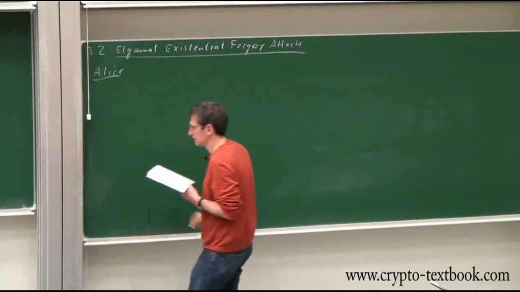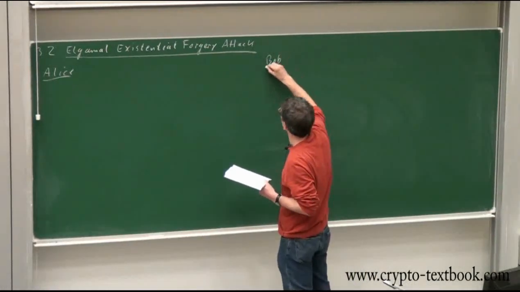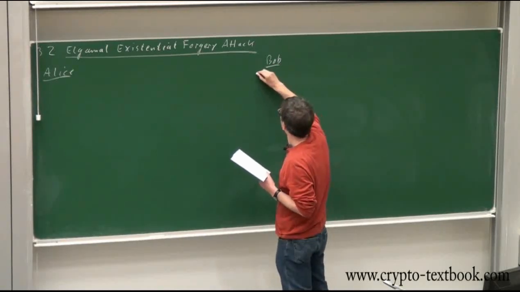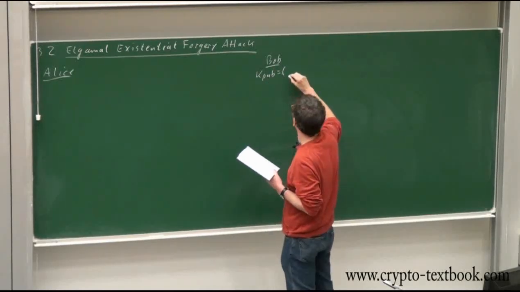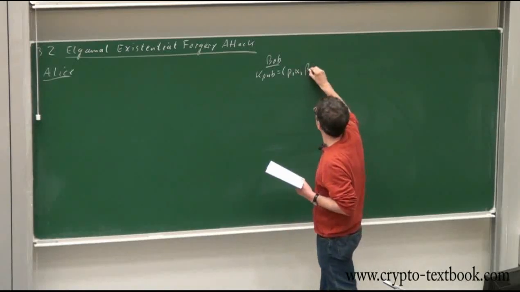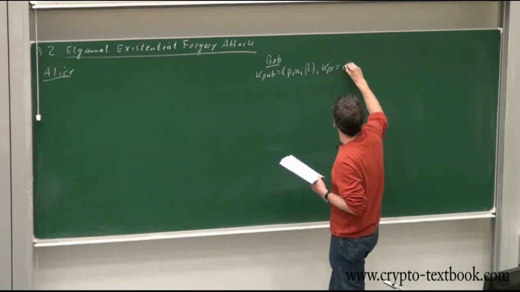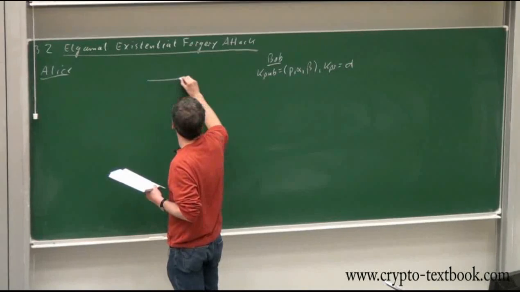So we start with our two personae, Alice and Bob. Bob has K public, which is a triple p, alpha, and beta. It has a private key d, and Bob distributes this key.